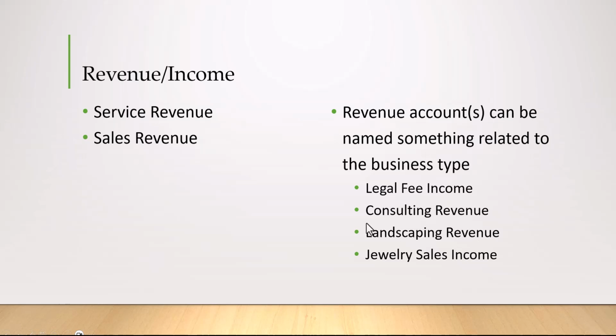Now, you can have more than one revenue account if you have multiple types of income. Like a landscaping business might have multiple types of income. They might do some design, they might sell some products, so it doesn't have to be just one revenue account. But I try to give some examples, but of course there's so many different variations because there's so many different types of businesses out there.